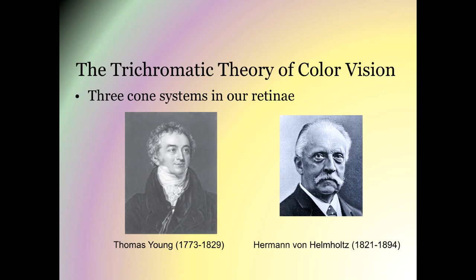So they inferred that there were three different types of receptors for color, so that we have this need for three colors as a minimum out of which we can perceive all the colors in the rainbow.